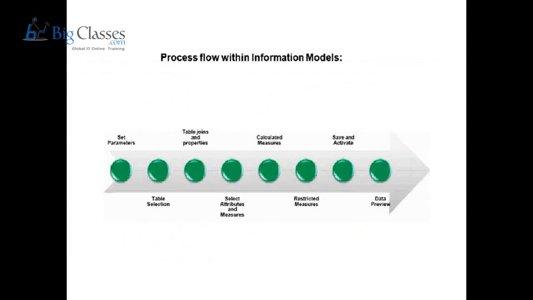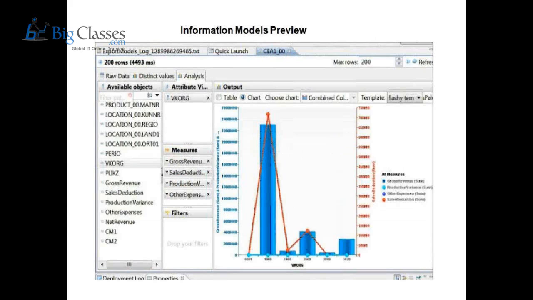So this is how the process flows. You have to set the parameters, table selection, table joins and properties, set attributes and measures, calculated measures, restricted measures, save and activate, and you can do a quick data preview. This is the way in which we create the information models.